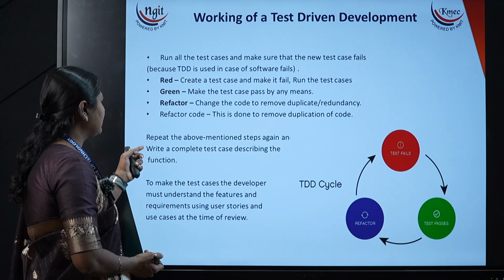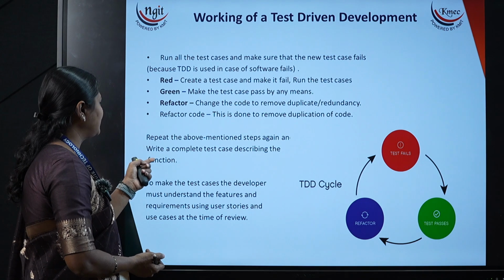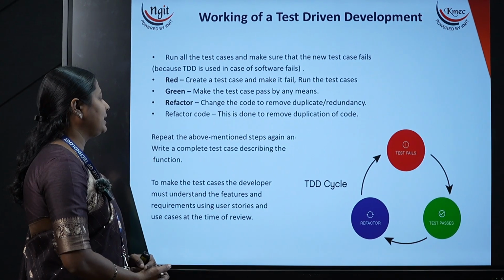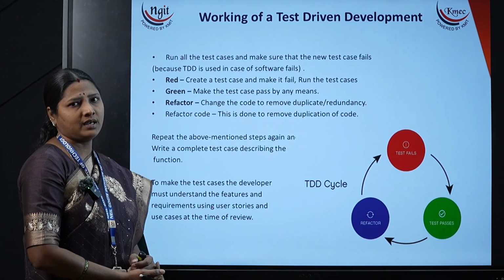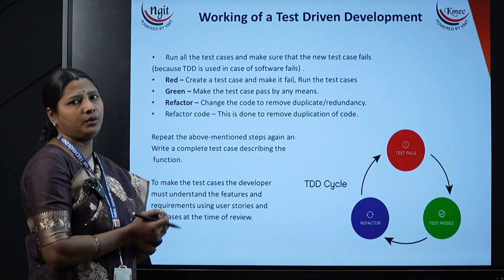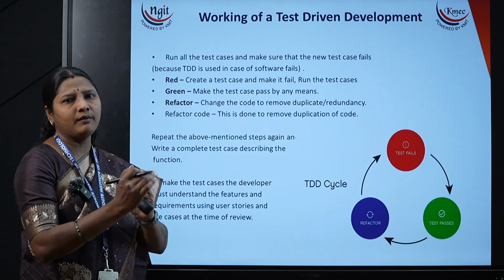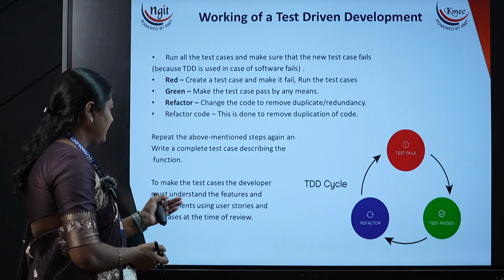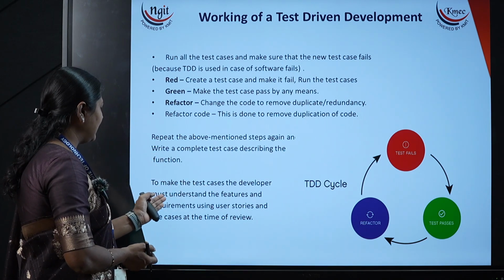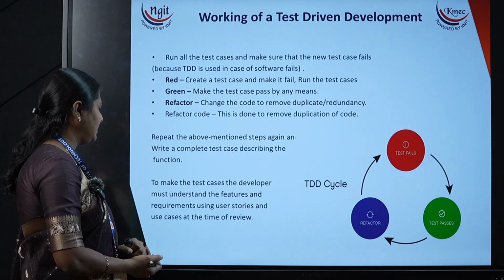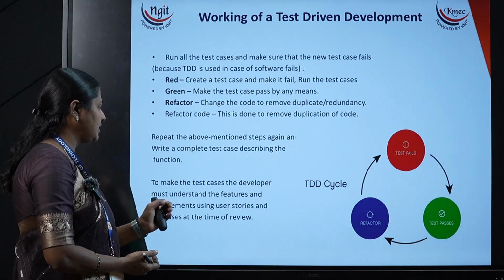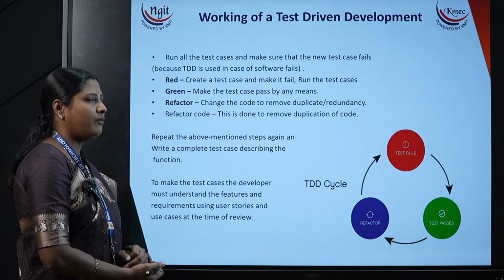Repeat the above mentioned steps again and again. Write the complete test case describing the function of that particular module. These can be developed individually on each module. The test case and the developer must understand the features and requirements using user stories and use cases at the time of reviews.